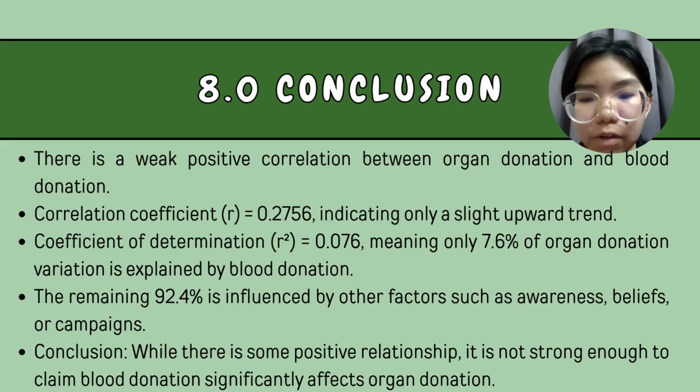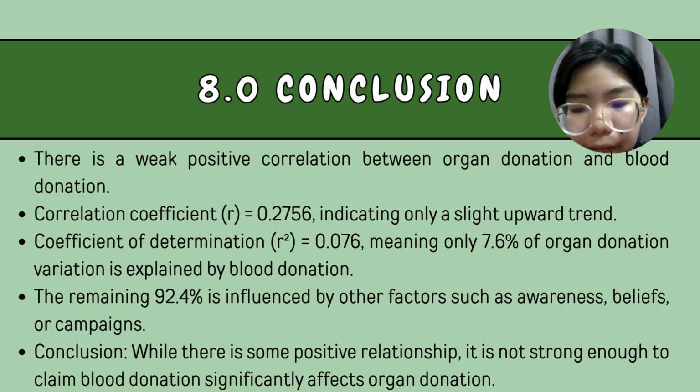The coefficient of determination R squared is 0.076, which suggests that 7.6% of the variance in organ donation statistics can be explained by blood donation statistics. This suggests there are many other factors influencing organ donation, such as public awareness, personal belief, or state campaigns.